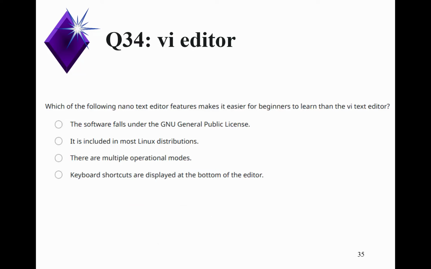Okay, so which are the following? This is the nano text editor. It's not the same text editor, it's a nano text editor. It makes it easy for beginners, because it gives you a lot of things displayed at the bottom of the editor. It has shortcuts at the bottom of the editor.